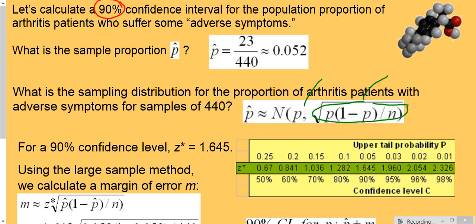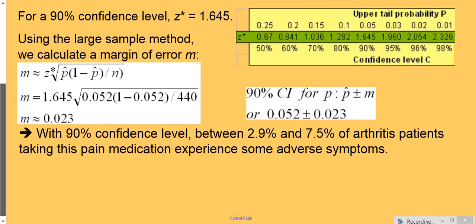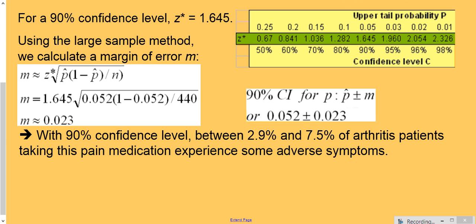Now we have some more interesting developments. In our equation, there's a Z star, and a Z star is a number that they use for different confidence intervals. In the back of an AP book or a stats book, we have tables, and in this case, we would look at the table and look for where it says 90% confidence, and it gives you a Z star.